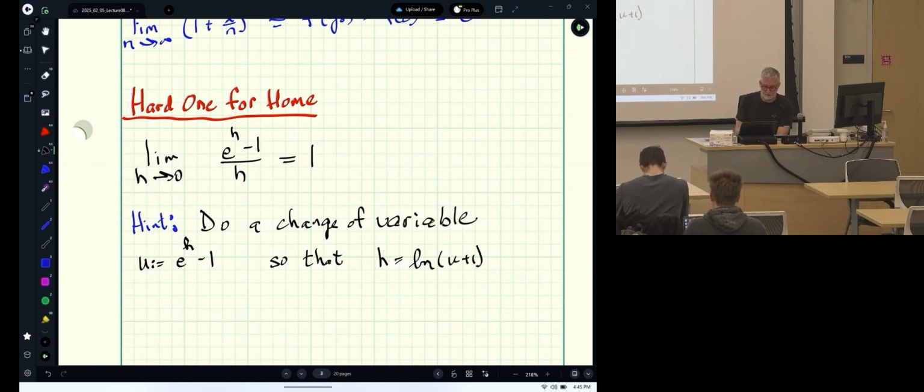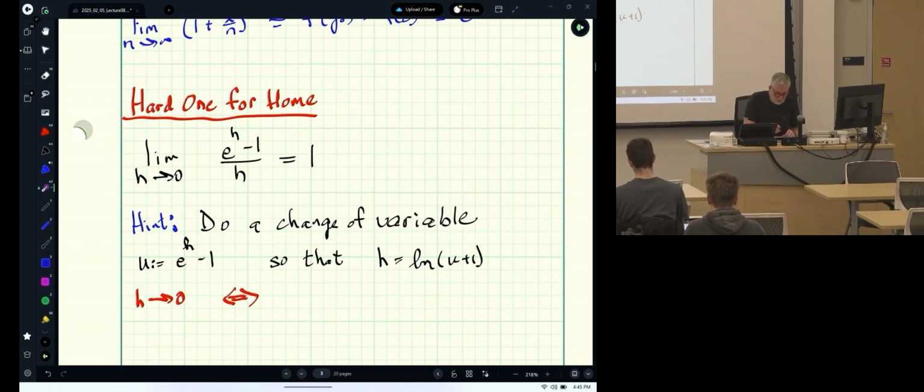Add 1 to both sides, take natural logarithm. Then what happens here? h goes to 0. Well, if h is going to 0, e to the 0 is 1, 1 minus 1 is 0. So that's if and only if u goes to 0.